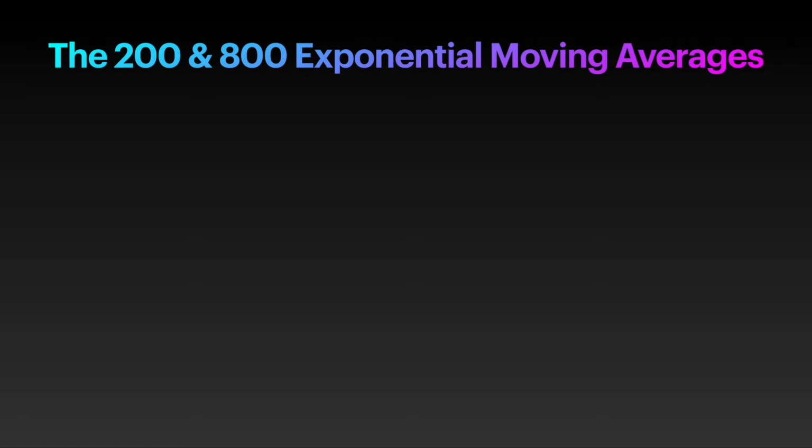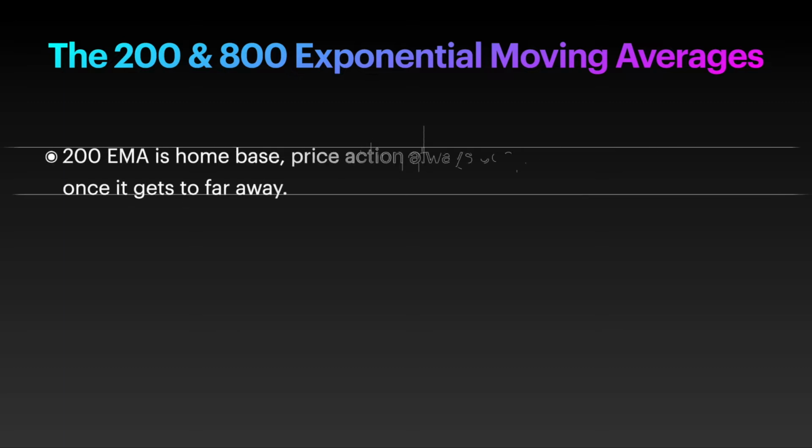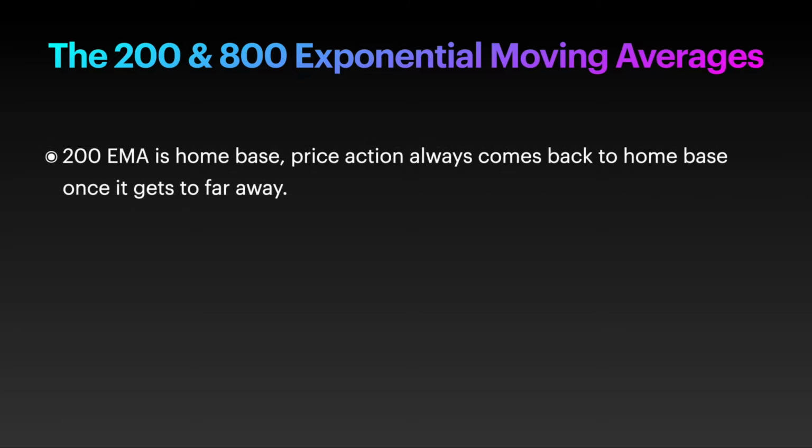So the first thing that we need to understand is that the 200 EMA is like home base. Anytime that price action moves really far away from home base, it always tends to come back to it. Don't believe me? Go look at the charts.